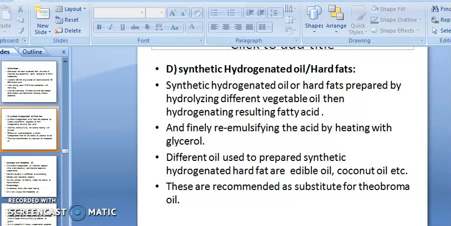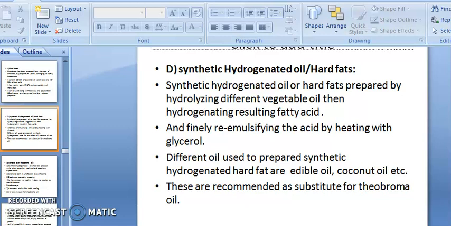Different oils used to prepare synthetic hydrogenated hard fat are edible oils, coconut oil, etc. Following hydrogenation and then re-emulsification by heating with glycerol, you get the synthetic hydrogenated oil or hard fat.